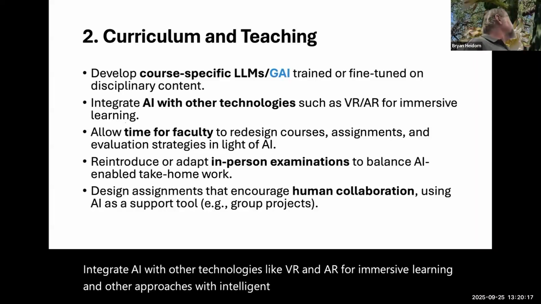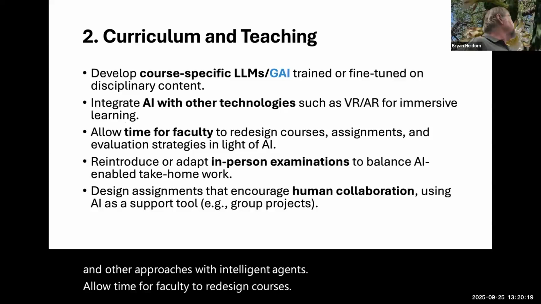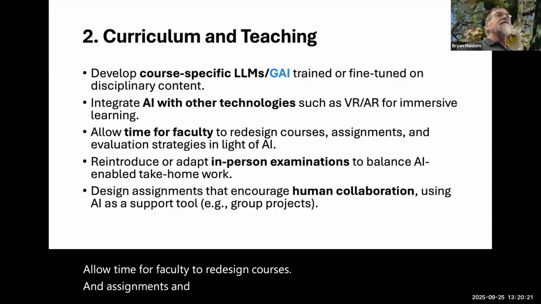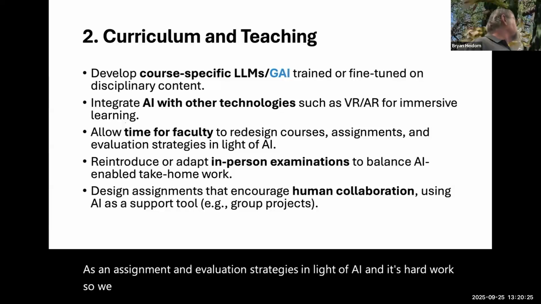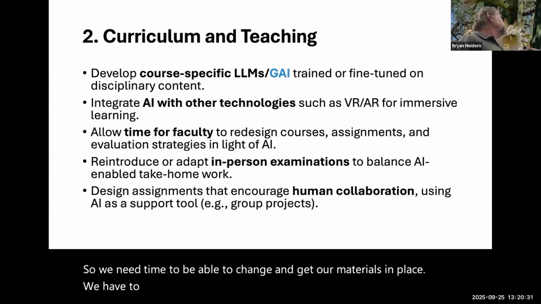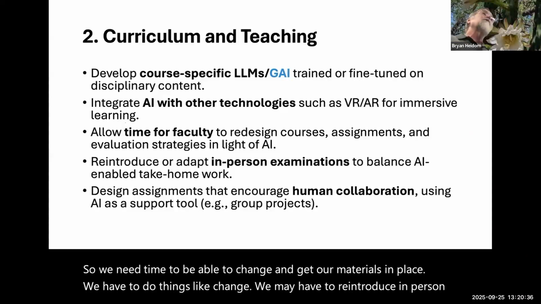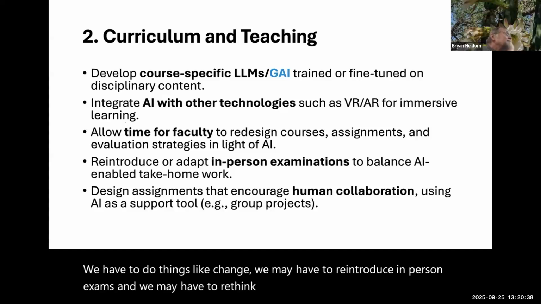Allow time for faculty to redesign courses and assignments and evaluation strategies in light of AI. And it's hard work, so we need time to be able to change and get our materials in place. We may have to reintroduce in-person exams, and we may have to rethink doing term papers because AI is really good at writing term papers.